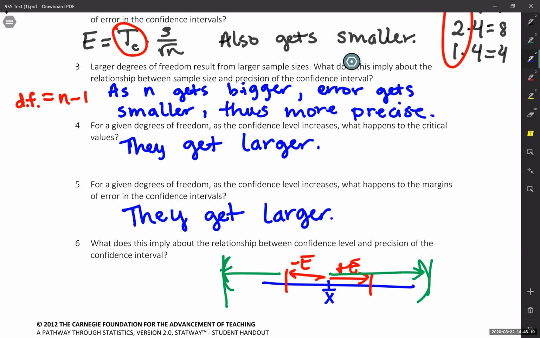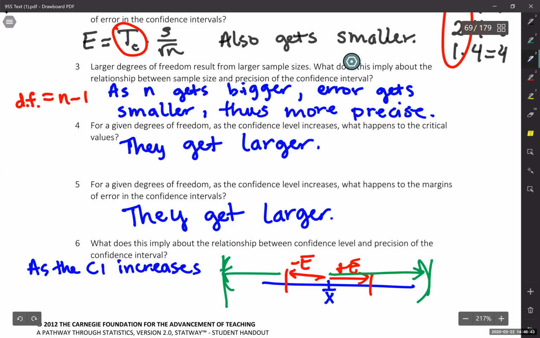So number 6, what does this imply about the relationship between confidence level and precision of the confidence interval? As the confidence level increases, the confidence interval gets wider, thus less precise.